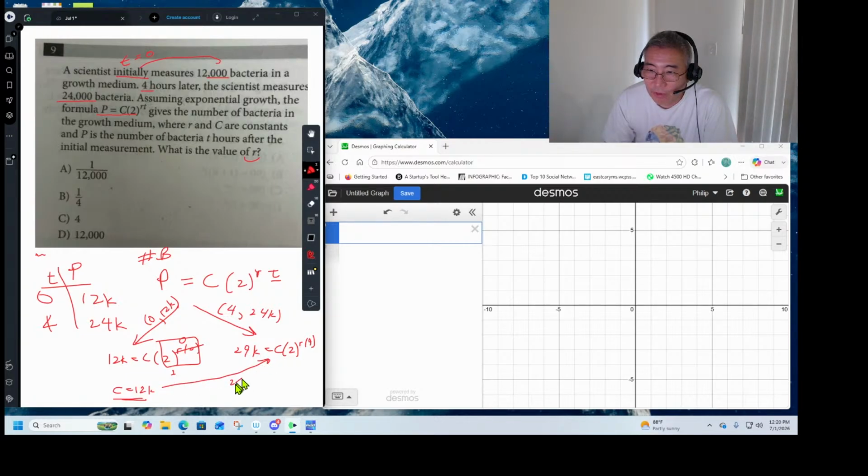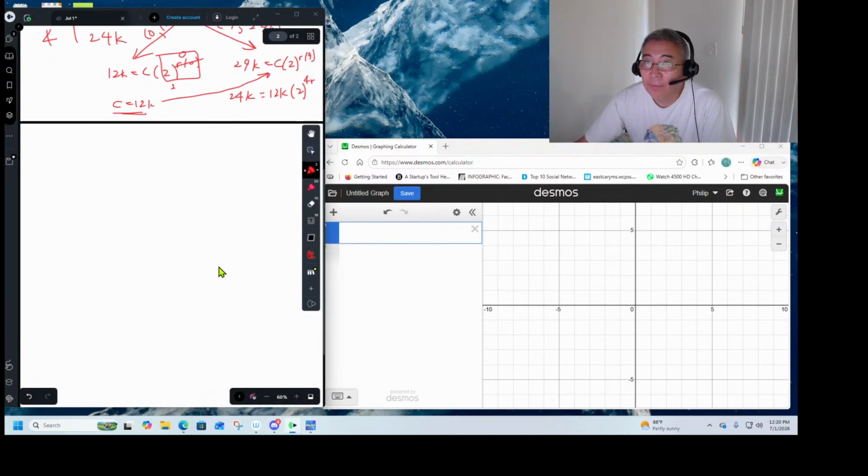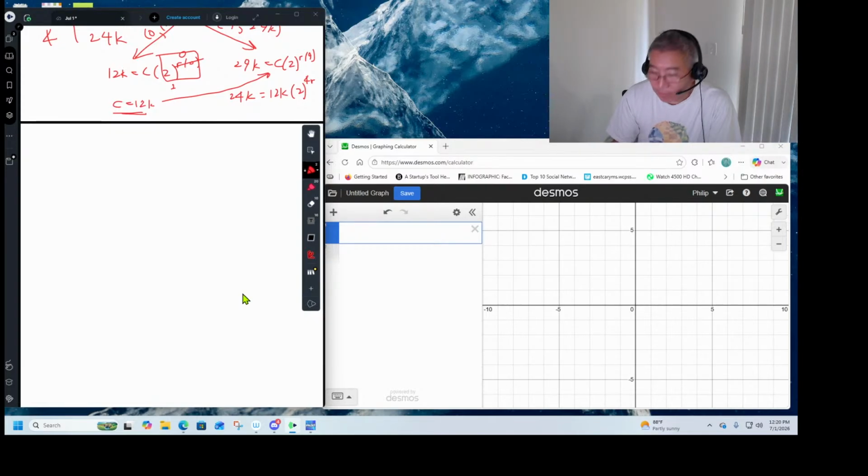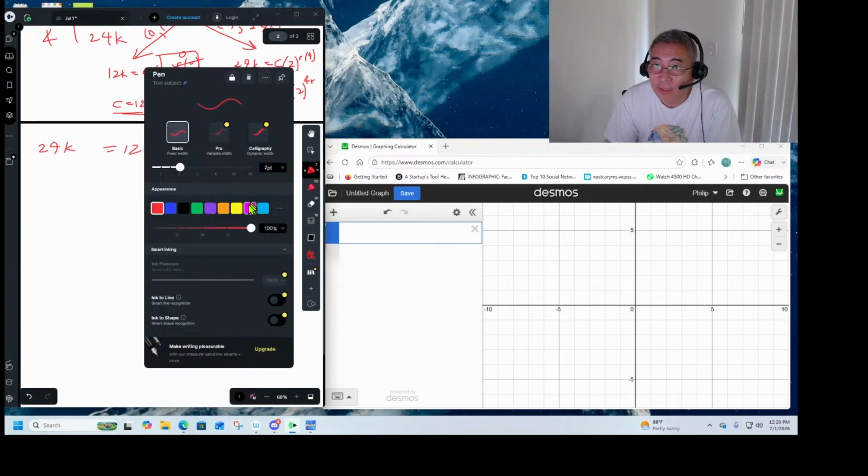So then I have 24,000 equals 12,000 times 2 to the 4R. Let me scroll down so I have a little bit more space here. I have 24,000 equals 12,000 times 2 to the 4R. And I can cancel some stuff out.